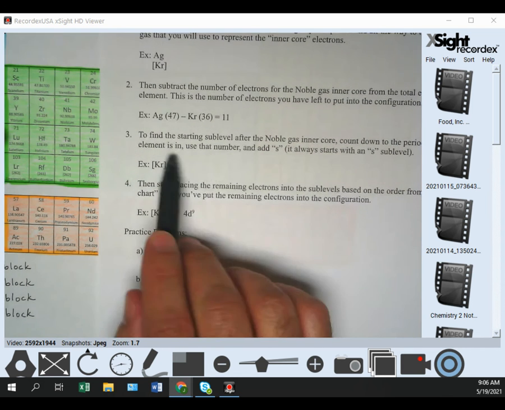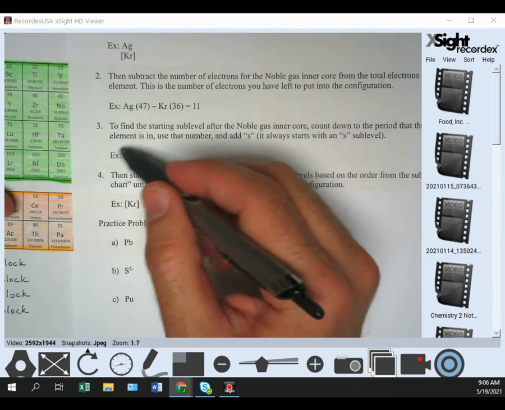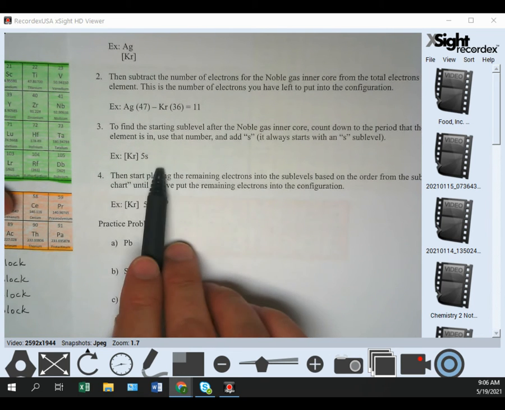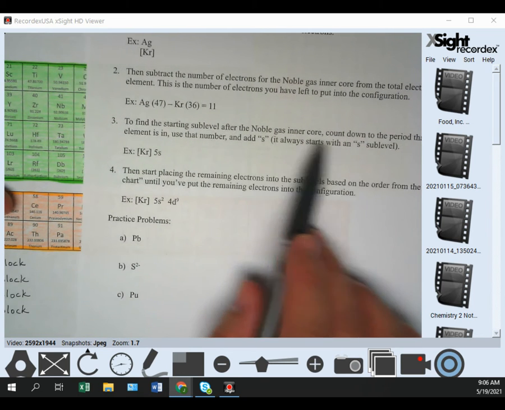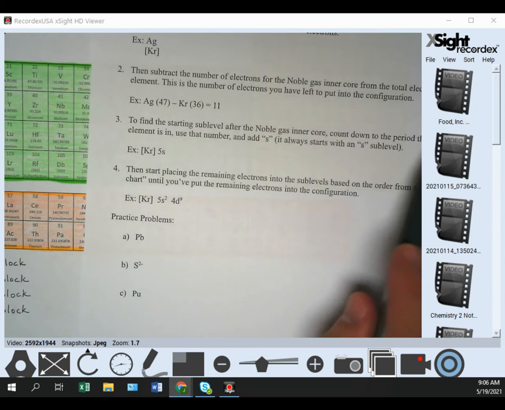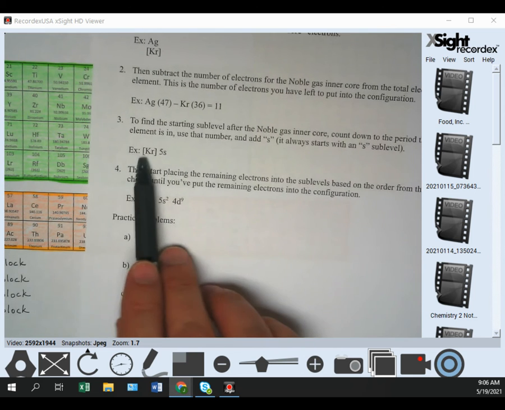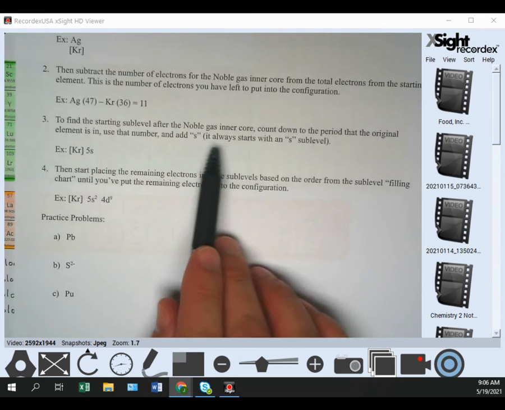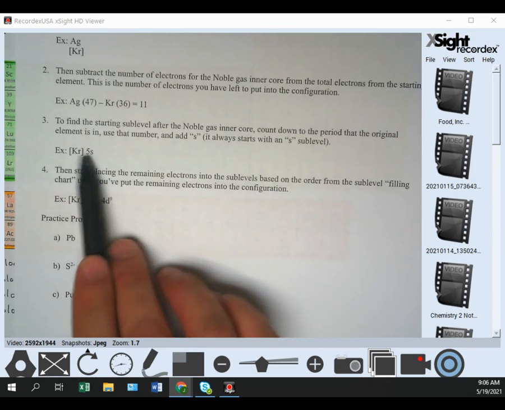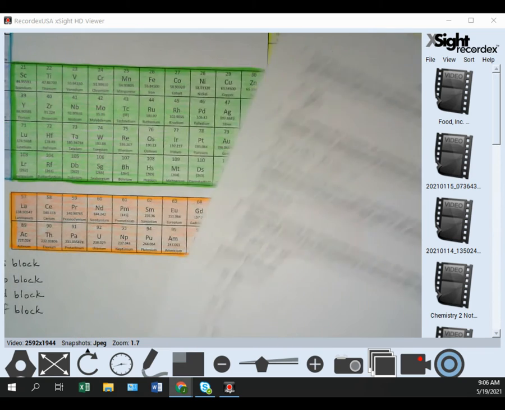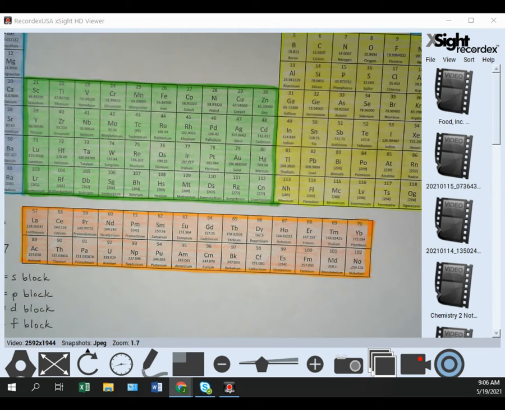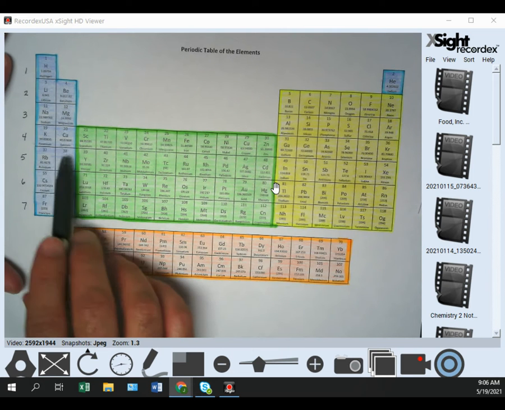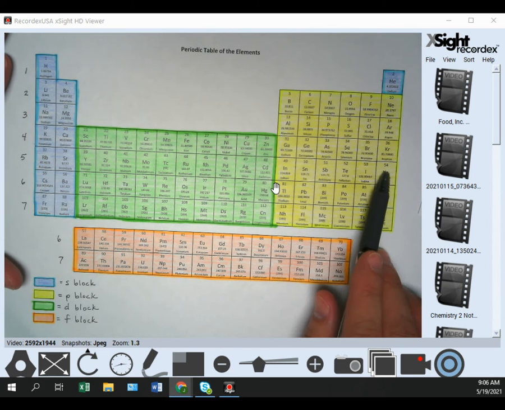Okay? So you put down the element in brackets, then to find the starting sublevel after the noble gas inner core, you count down to the period, the row that the original element is in, use that number and add an S. You always start with an S sublevel, and this is why I like using the periodic table that we did yesterday, because you can see the noble gases are over here, right?